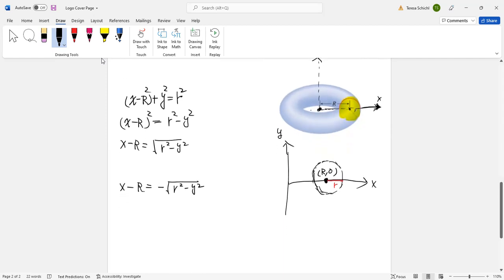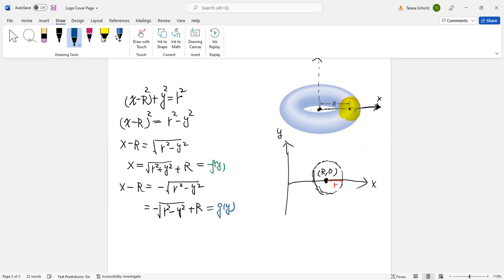Okay, so now let's simplify. x equals the square root of r squared minus y squared, plus R. And the other one is x equals the negative square root of r squared minus y squared, plus R. I call the first function f of y, and the second function g of y.